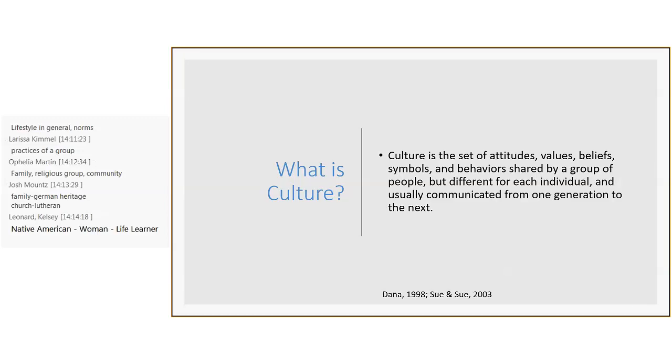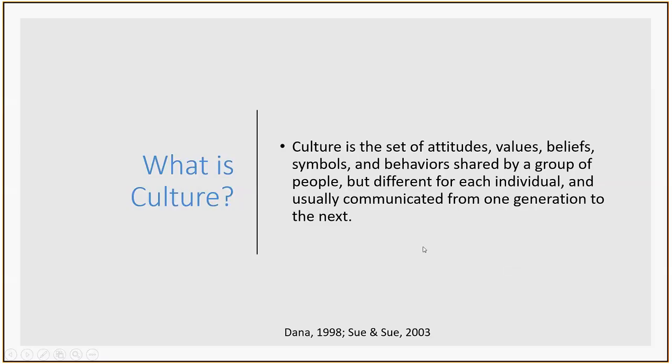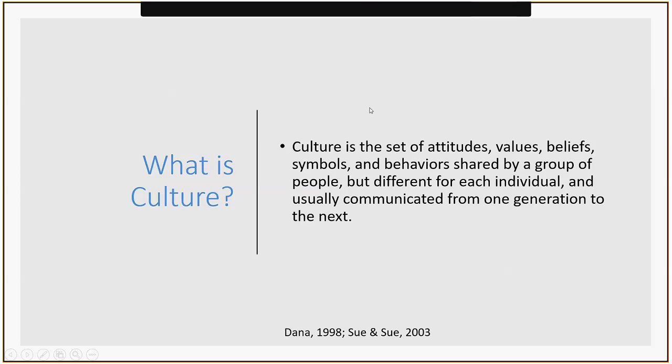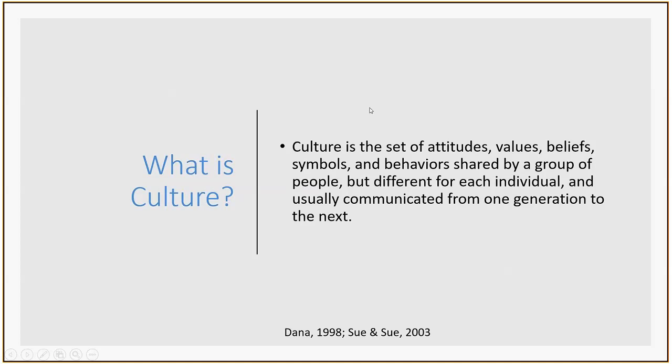So going back to some of your definitions, if we look at what scholars have said about what is culture, it's a set of attitudes, values, beliefs, symbols, and behaviors for each individual and usually communicated from one generation to the next. And I think that's really impactful in terms of what you all shared. You shared examples around religion and values and beliefs and community and behavior.